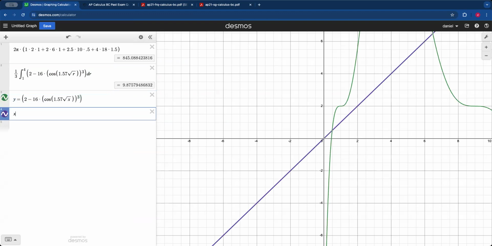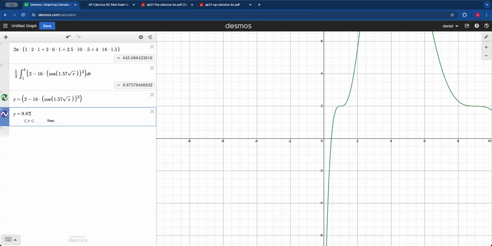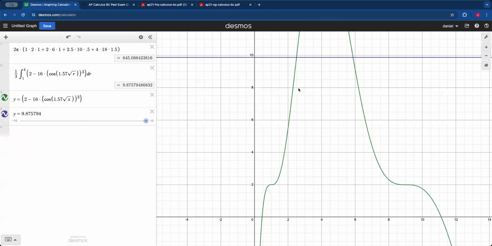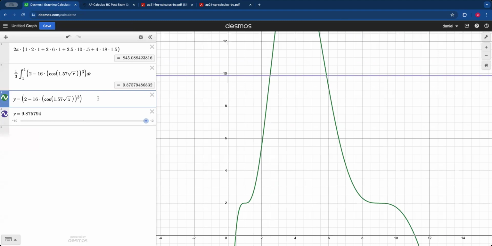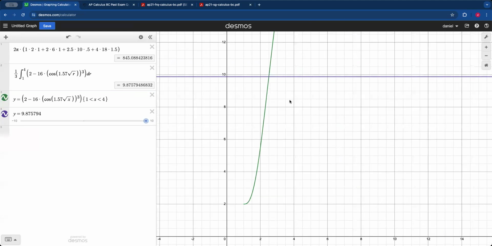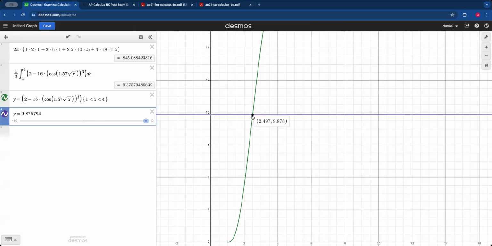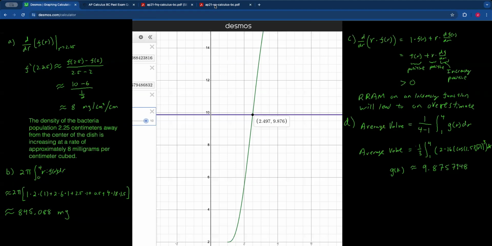And y is supposed to equal 9.875794, like this. We're only supposed to look at the interval where 1 is less than x is less than 4. So we're only looking on this interval right here, and it looks like it has one value, which is 2.497. So let's clear this back over here and we'll just write it.